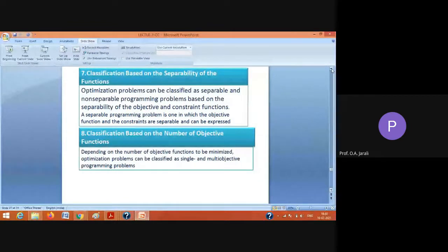Then classification based on separability of the functions.